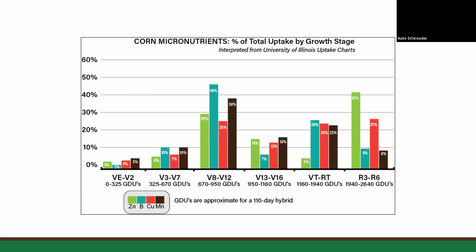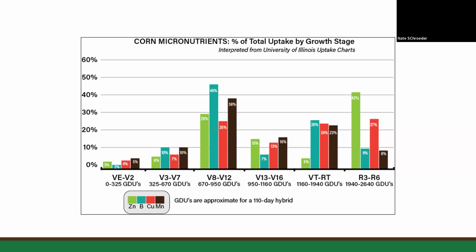Guys rely on the soil sample result of zinc to convert through the growing season to plant available. And that's where we see the response on that R3, R6. Not a lot of guys are going out there spraying a zinc compound on R3 corn, even though the plant needs a significant amount of that. By that time in the corn plant's growth, think about the amount of soil space it is exploring.